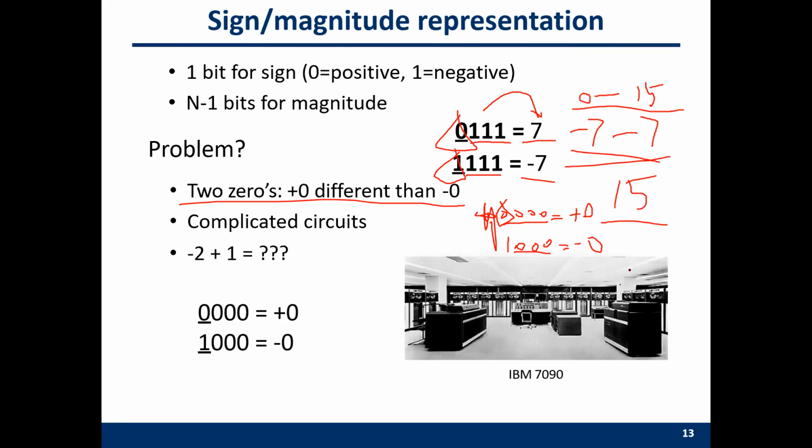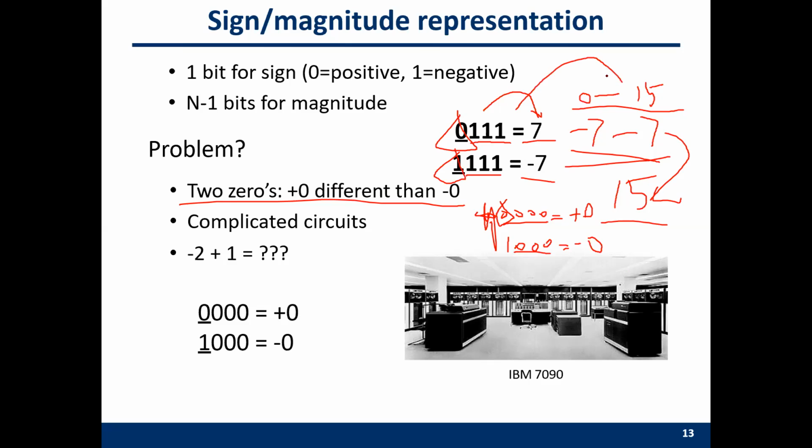So the disadvantage of the signed bit is that we actually sacrifice, we reduce the range a certain number of bits can represent. So in this way, this one can only represent 15 different numbers.